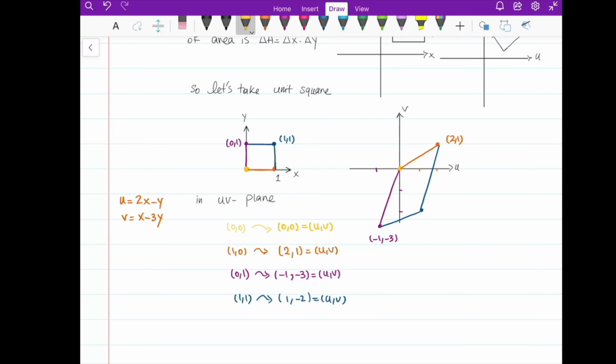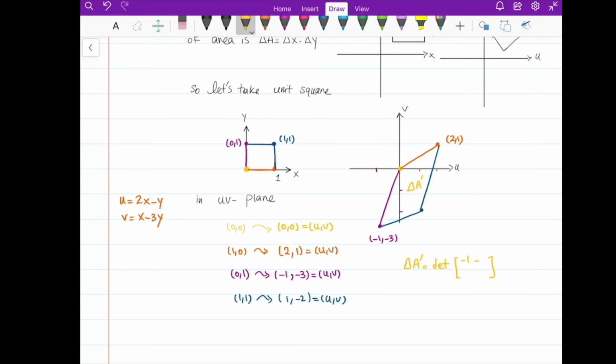So now what is the area of delta A prime? Delta A prime would be the determinant of this matrix. Do you remember in the chapter that we talked about the cross product, the area of the parallelogram would be the length of one side cross product with the other side, if we consider it as a vector.